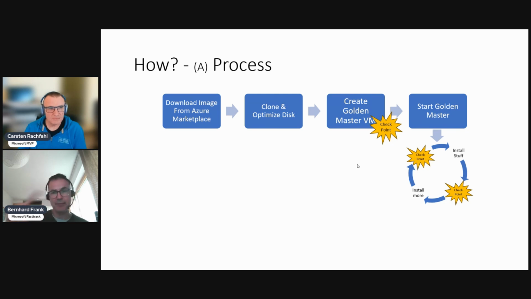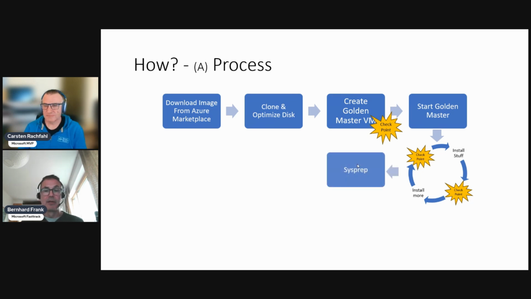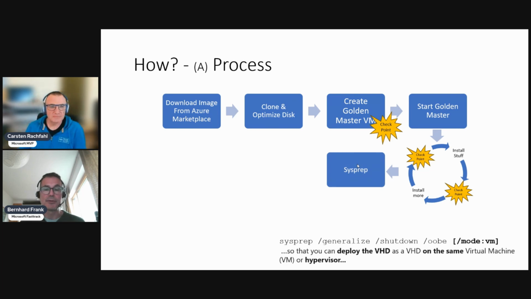So you can have a cycle of multiple checkpoints here, maybe not always easy to find out which checkpoint is capturing what state. So I would advise you to name the checkpoints, give an indication of what it is being used for. And once you are happy with it, you would probably do the Sysprep, right?